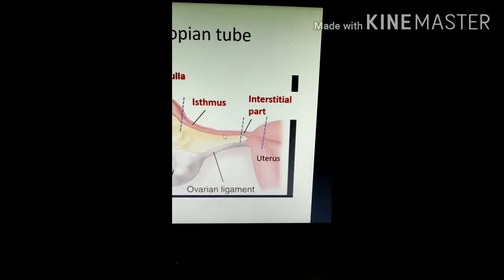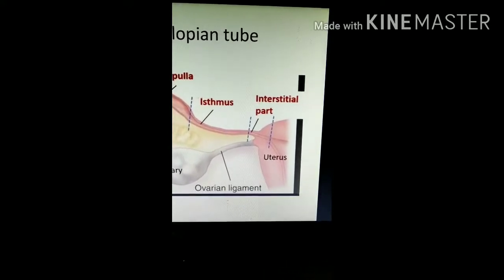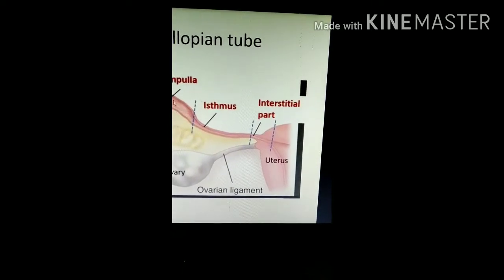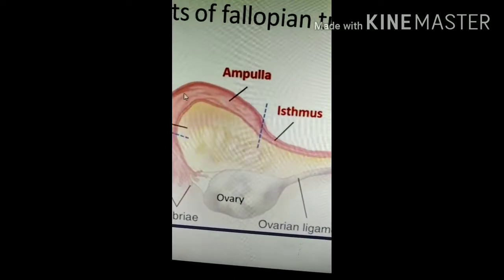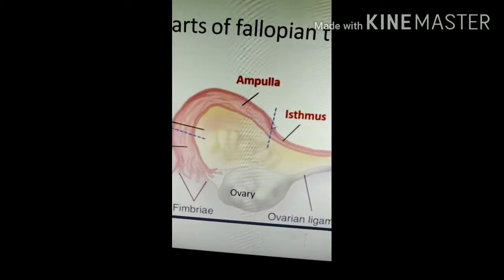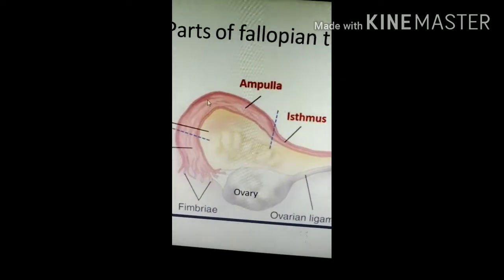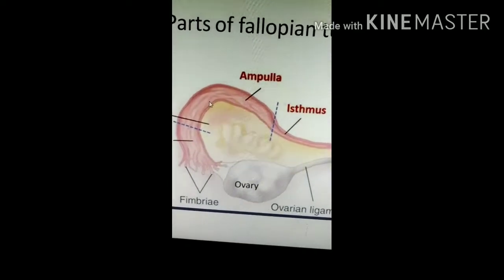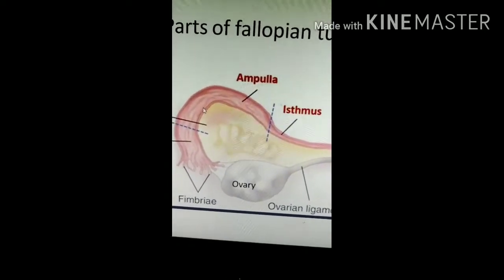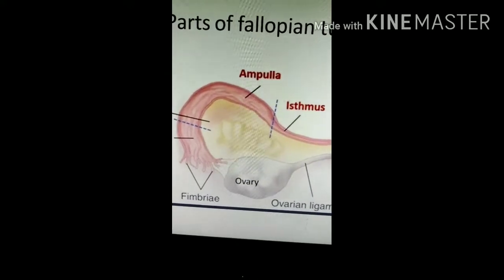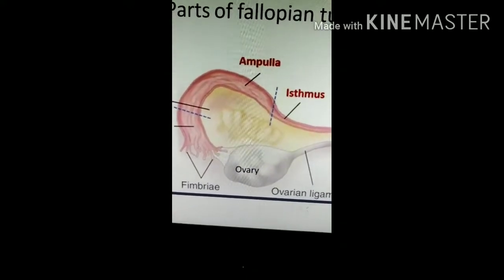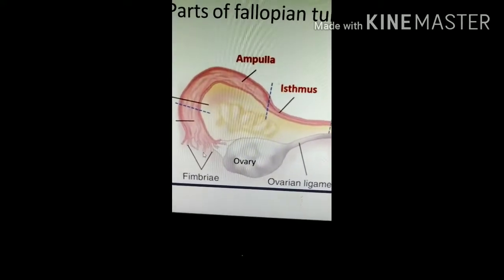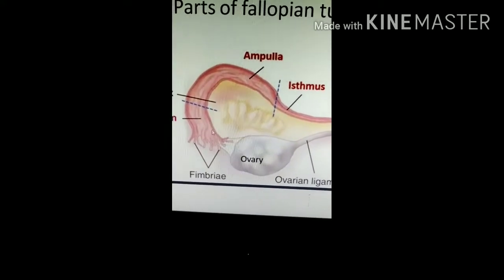From the isthmus to the infundibulum, the longer and dilated part of the uterine tube is the ampulla. This is the region where the sperm and ovum meet and the events of fertilization culminate. From the ampulla to the fimbriae, it is the infundibulum.